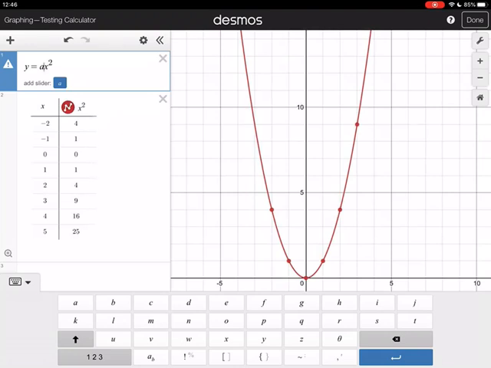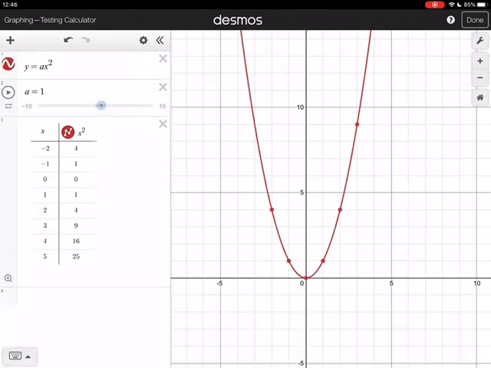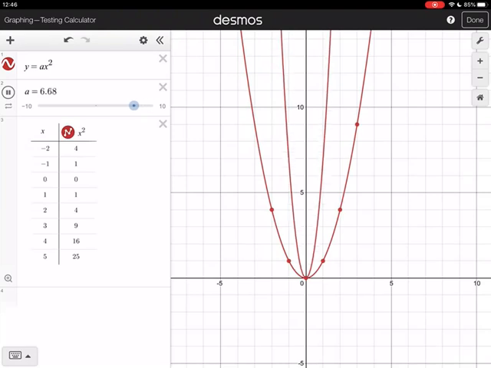A is my coefficient. If I click on where it says add slider, it will allow me to change the value of A so that I can see how my graph is changing. I can slide this myself, like this. But I can also hit play as well.